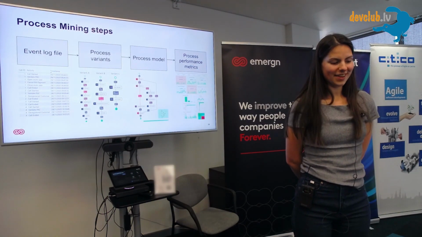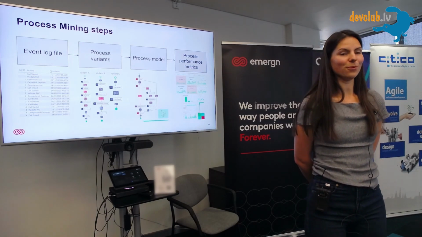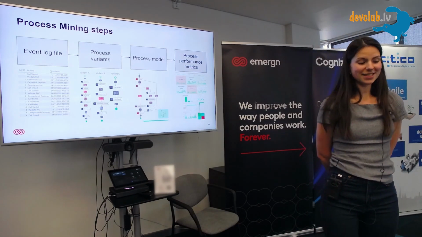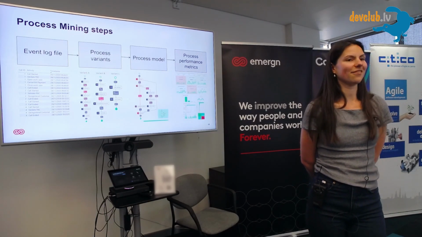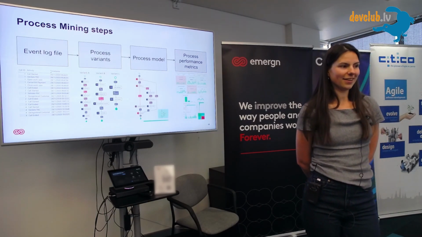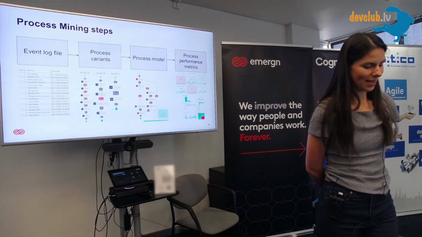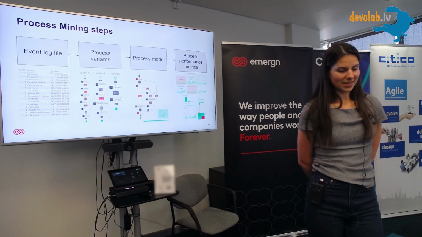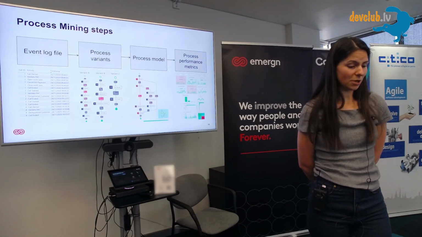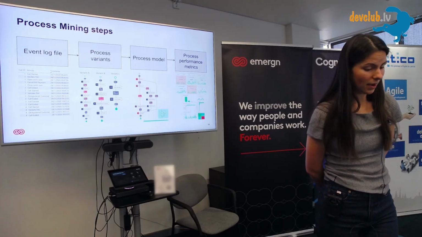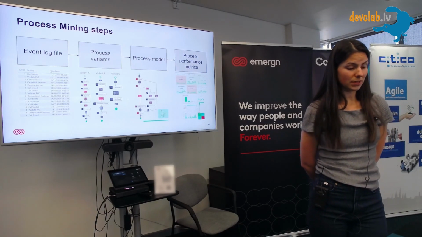So here is the slide with process mining steps, and everything starts from the event log file extraction and working with that. As I already said, usually information systems provide event logs, and it is possible to use them somehow.